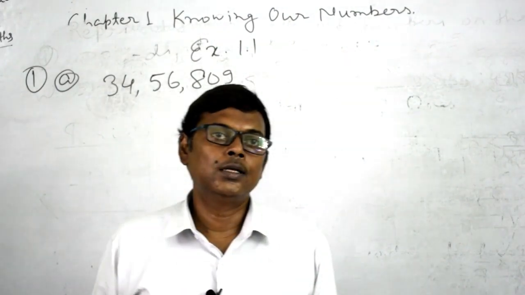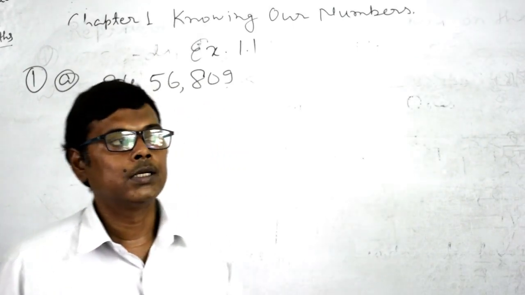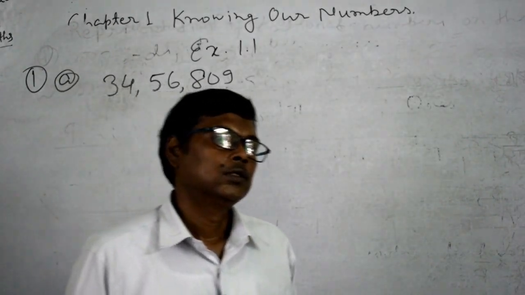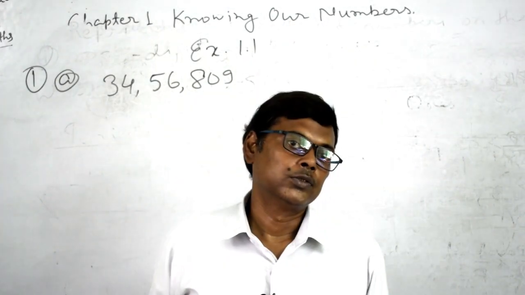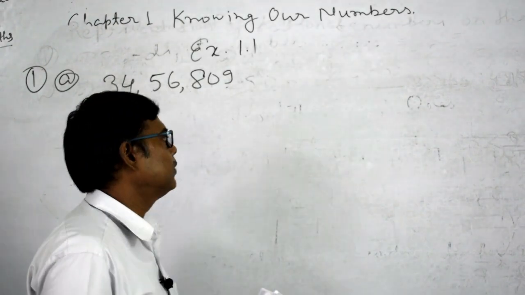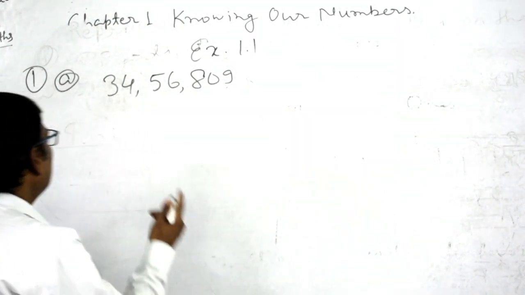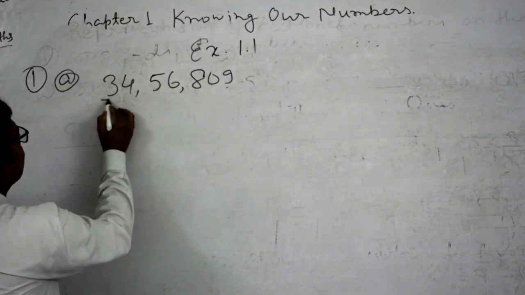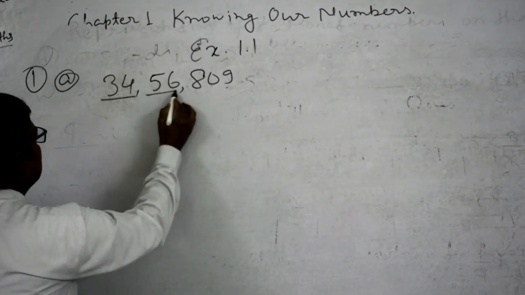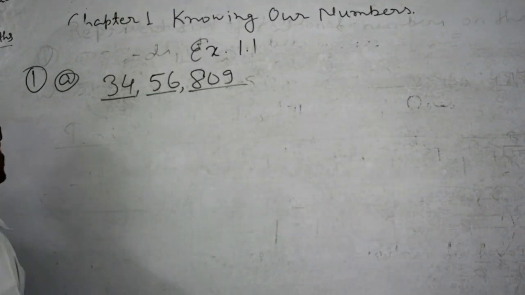And in case of the international system of numeration, the periods are ones, thousands, then millions. I also explained the places. So here you have this period, the lakhs period, this is the thousands period, and this is the ones period here. So how will you name it here?